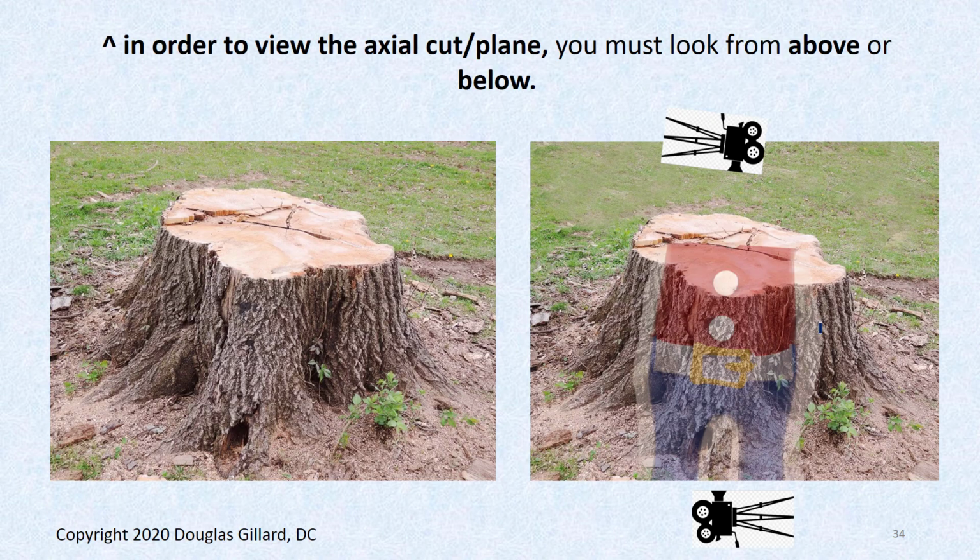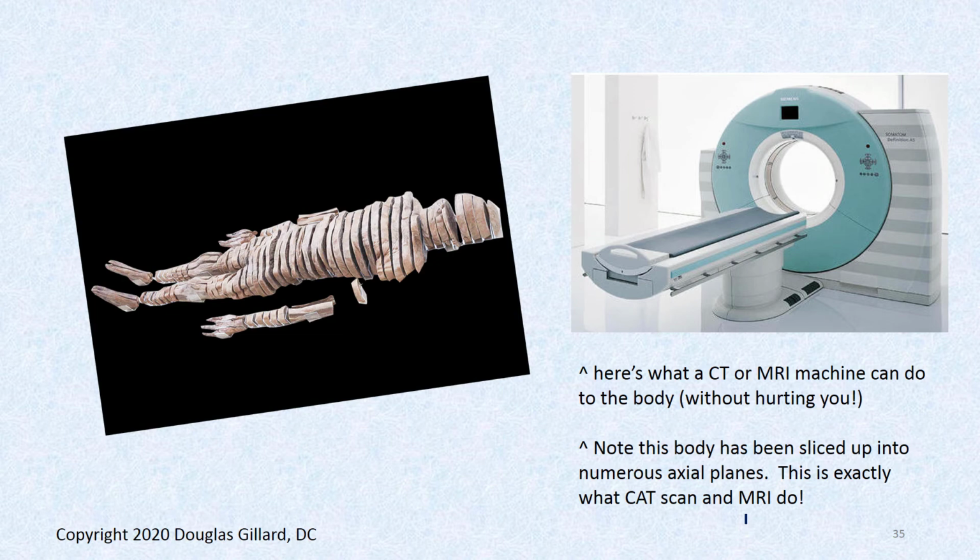I'll show you what I mean by that in a second. So here's the stump that was cut, and you can go overhead. For this tree, to look at the rings, it's easier to go overhead. But for MRI and CT, we always look from underneath, so the sides are reversed. Okay, here's a kind of cool cartoon.